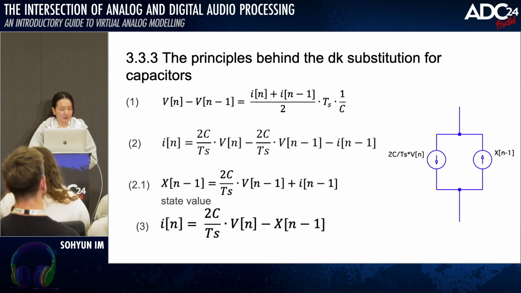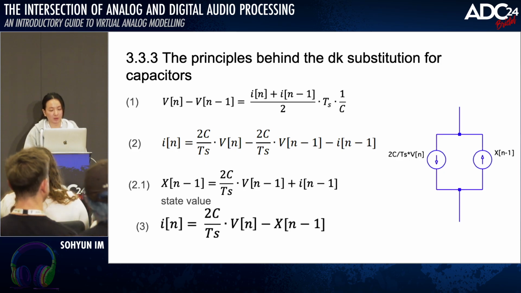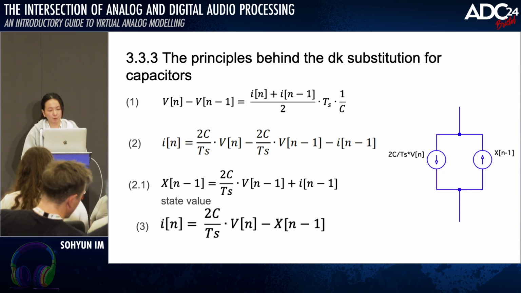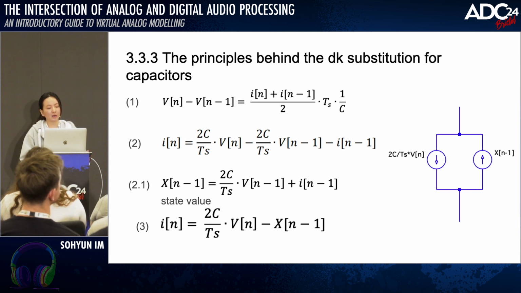And then in equation 2, you can see there's a term related to the previous discrete signal n minus 1. It can be grouped together and expressed as x of n minus 1. Why?